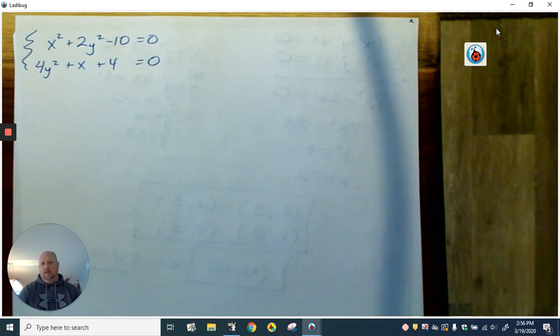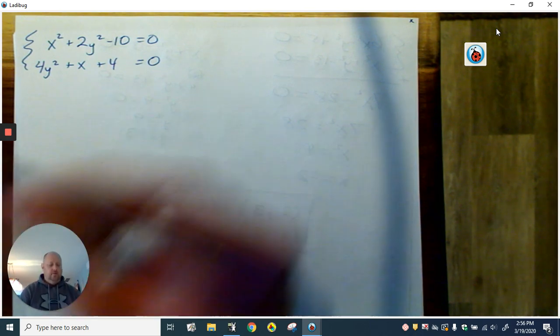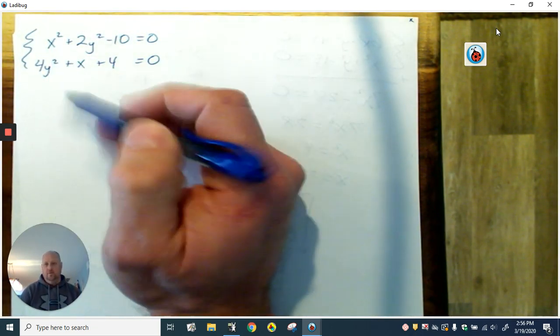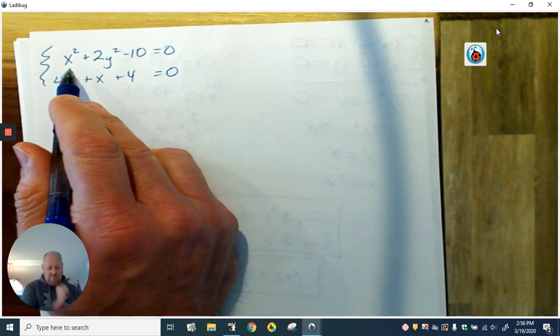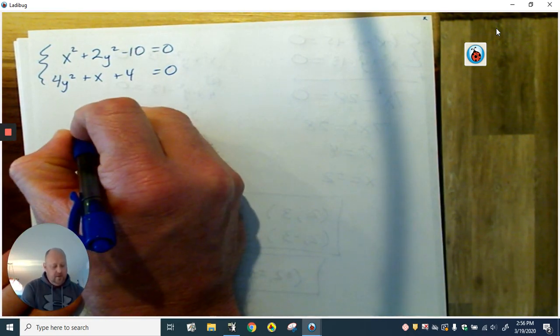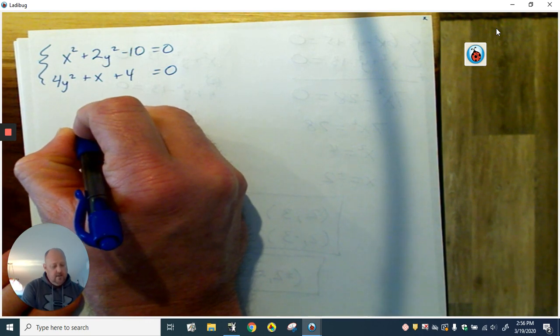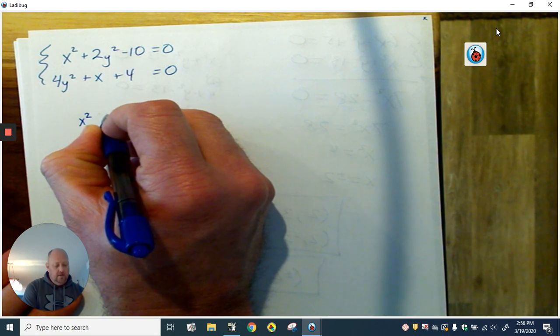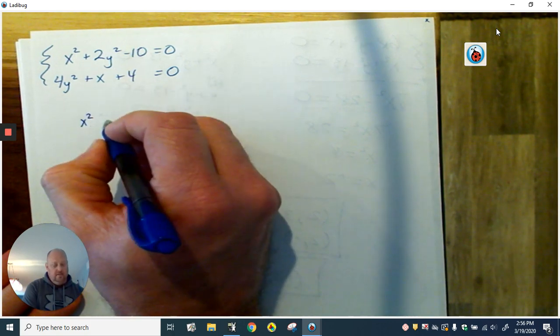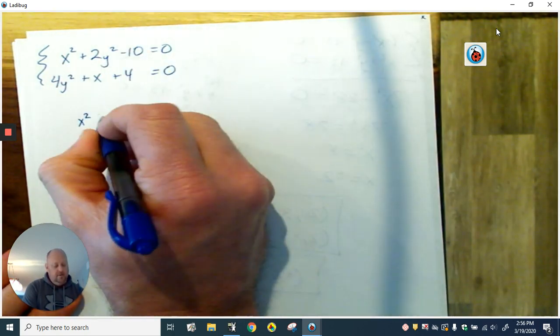This one, first thing you want to do is line stuff up. So notice I don't have x squareds and y squareds above each other. So first thing I would do is just rewrite it as, I've got x squareds. I'm going to leave a blank because I don't have any single x's. I want to have a spot where I can put that above it.